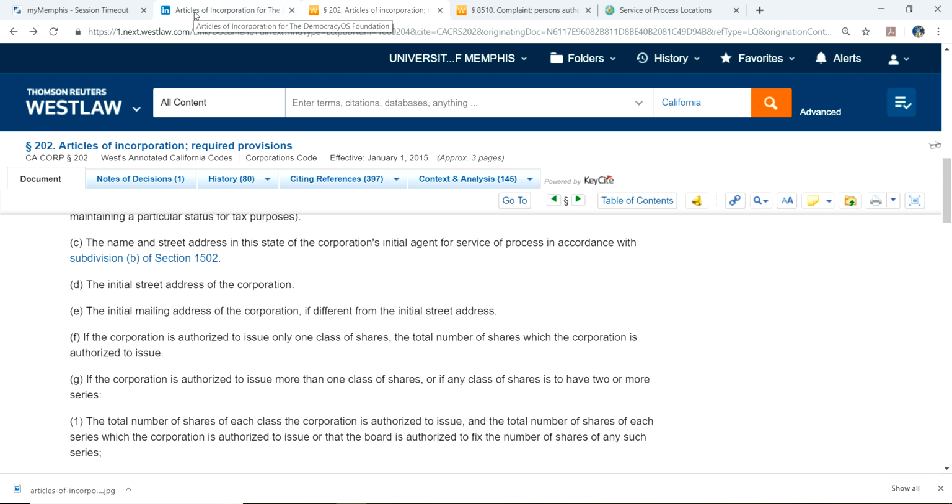To save a little bit of time, we're looking at section C, and it says the name and address and the state of the corporation's initial agent of service of process in accordance with subdivision B of section 1502.